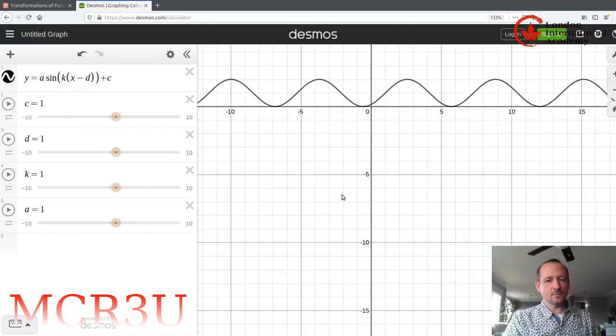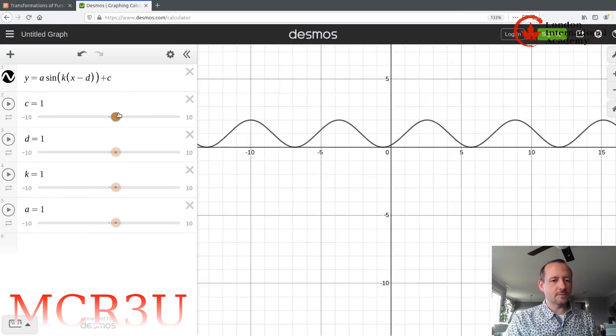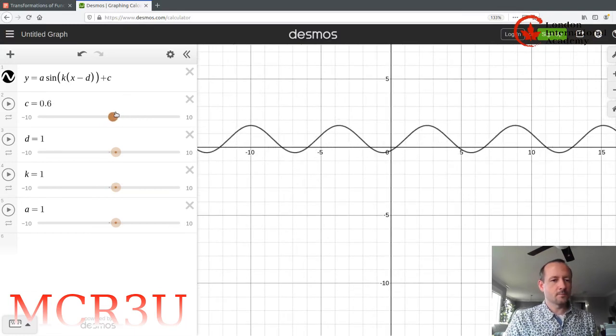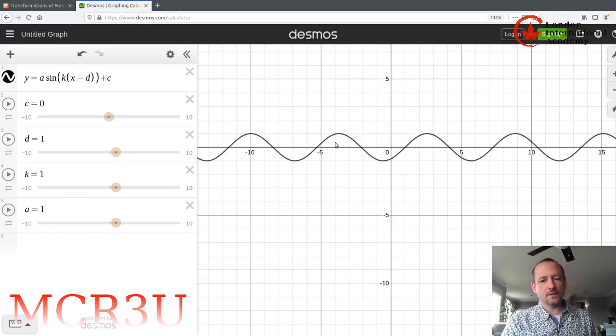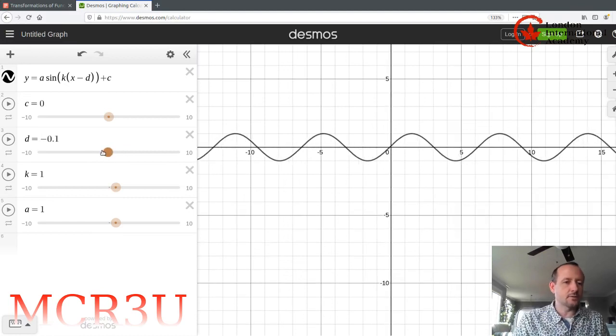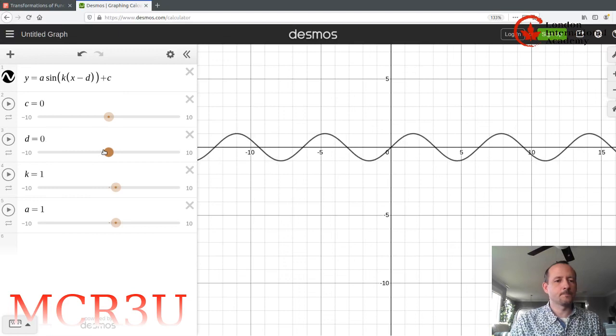I could have pressed all there. And I have to zoom out a little, and there is a function. Let's make C equal to 0. So now it should center vertically about this x-axis. I'm going to make D equal to 0, so it's not shifted horizontally at all. And then K is equal to 1.